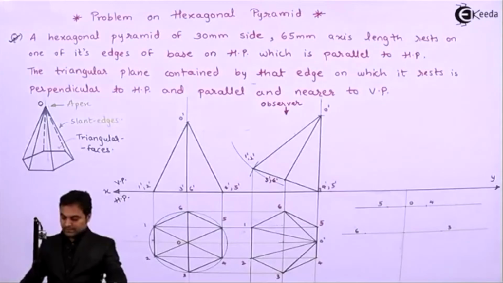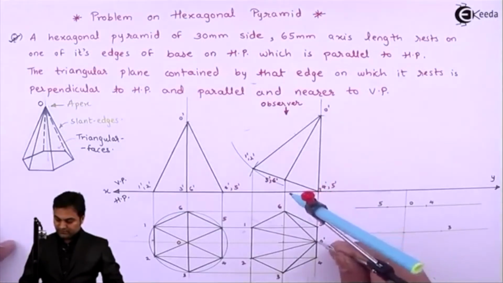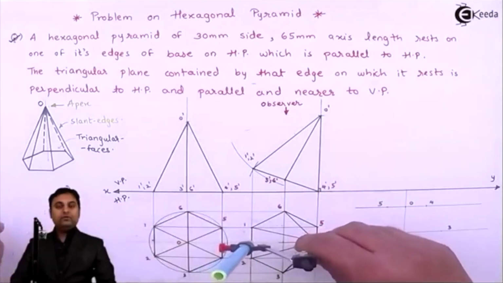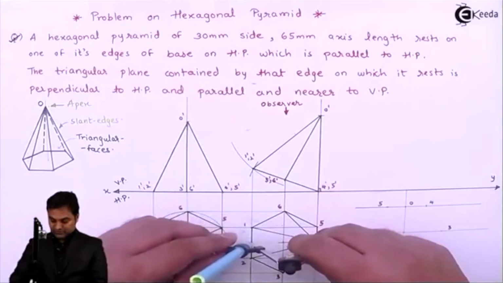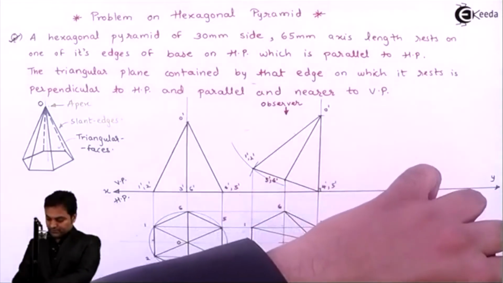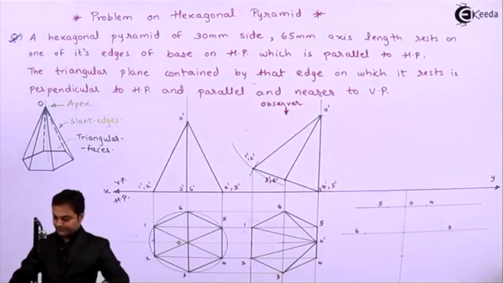Then I'll measure the distance from the apex, taking it as the reference, up to this line which is connecting points 1 and 2, forming this edge. So keeping it over this point O and marking over here. Now I'll draw a light line through this point.